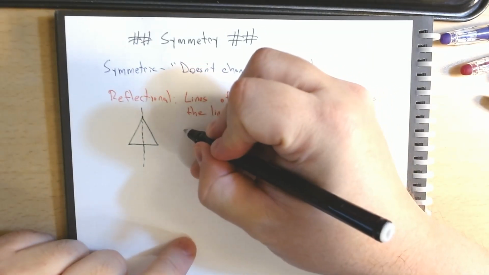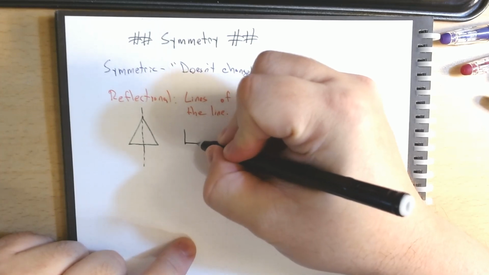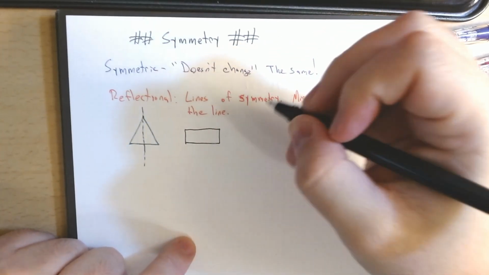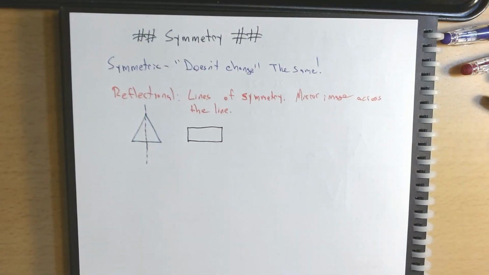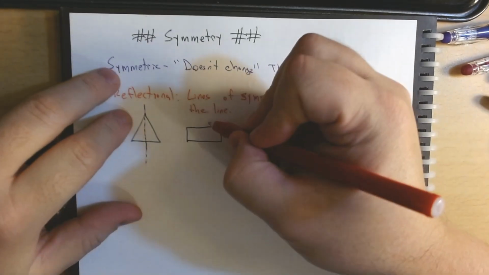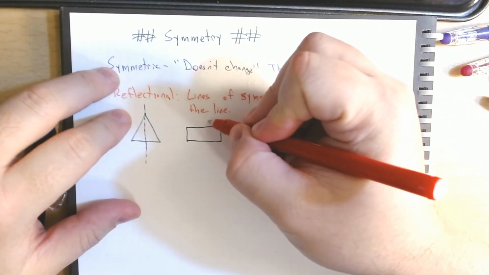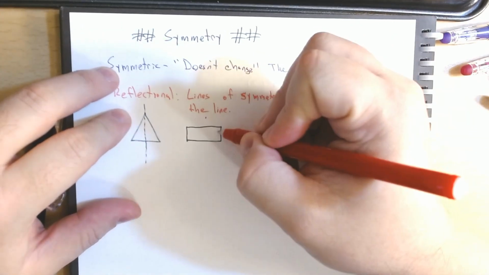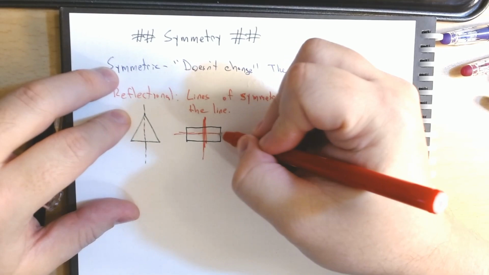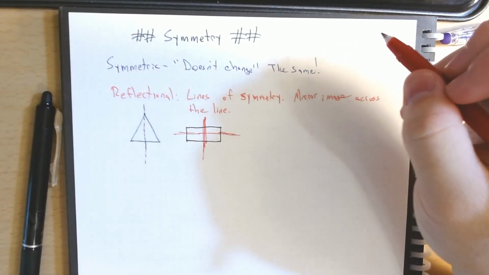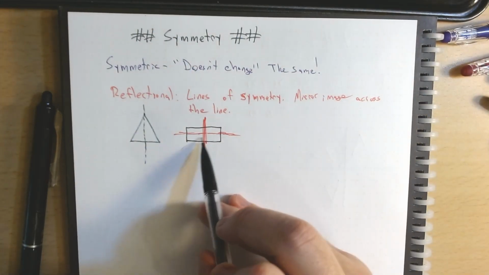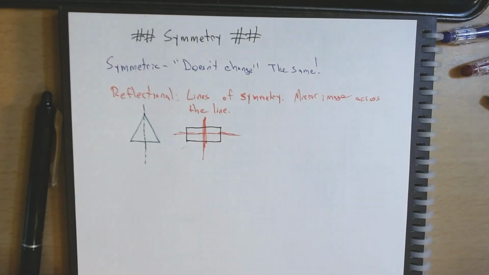One that a lot of people make one small mistake on is a rectangle. Two lines are really easy: horizontal and vertical. The mistake is that sometimes people think you can fold it diagonally as well, and that is not true.